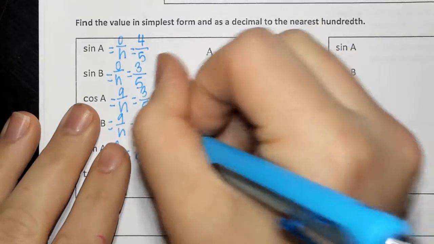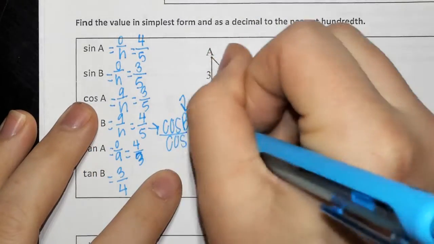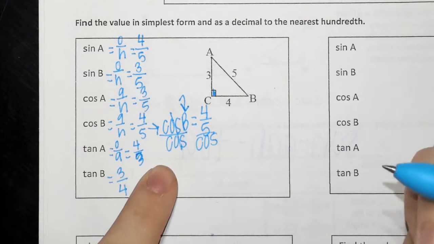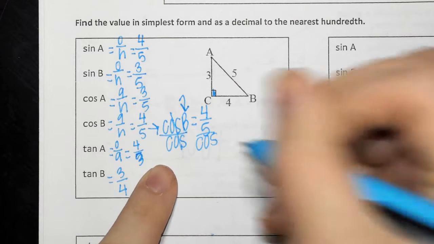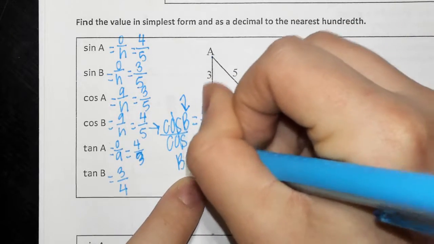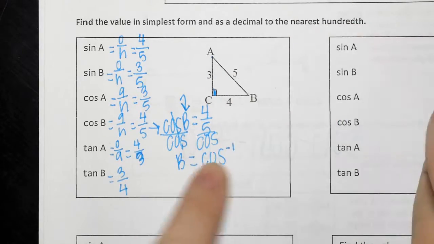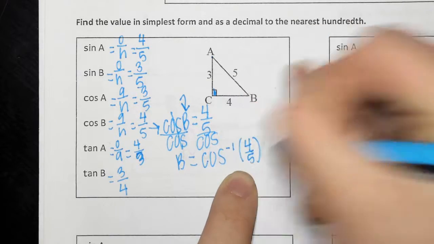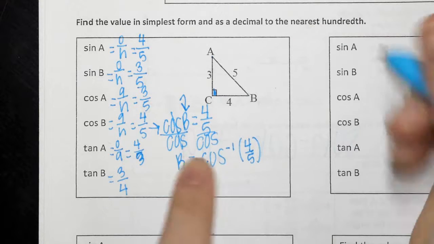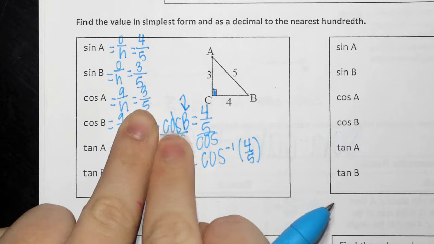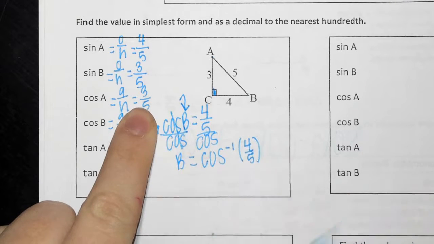When you divide by a cosine to cancel it out, what really happens is you take the inverse. So you get B by itself, but now you're taking cosine inverse of your trig ratio 4/5. That's what happens when you cross the cosine or the tangent or the sine from one side of the equal sign to the other.